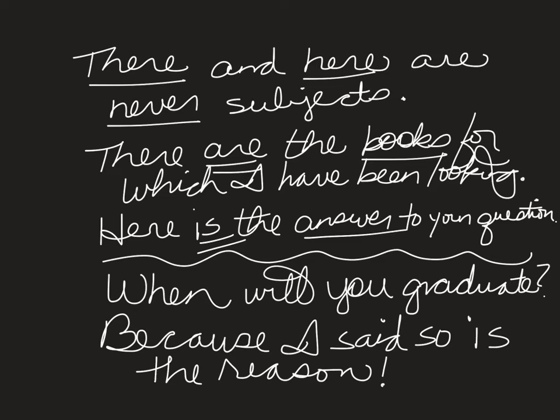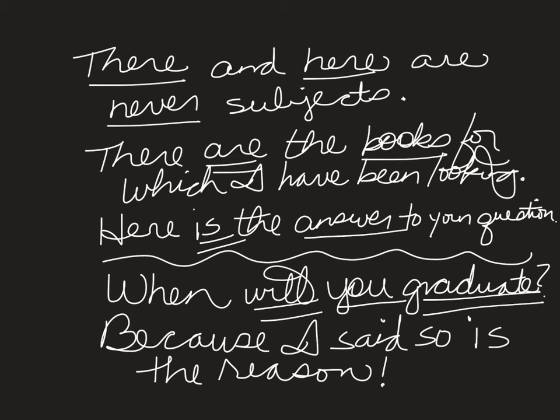So your subject will be sandwiched in between your helping verb and your main verb, often in an interrogative sentence. So again, flip the order of your wording and make it a declarative sentence. You will graduate when. All right, now we can clearly see you is your subject, will graduate is your verb.